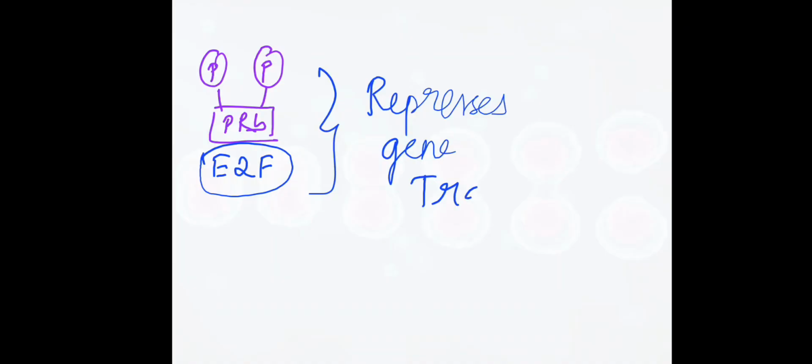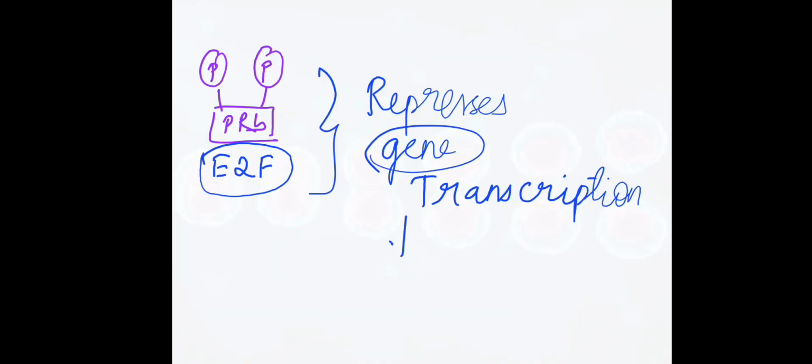This complex represses gene transcription. Represses means stops gene transcription of what? The gene which is required for, here comes the cell division part, transition from G1 phase to S phase.